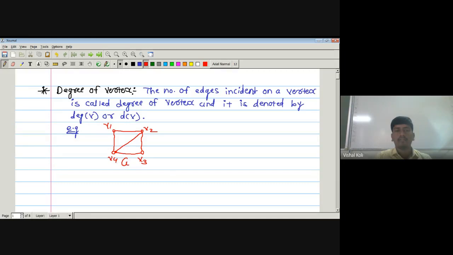This will be the graph G. Here are edges E1, E2, E3, E4, and E5.